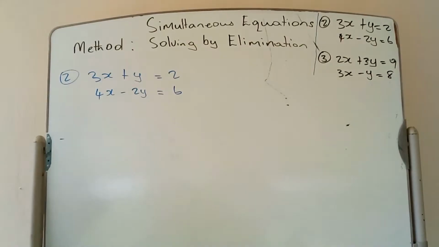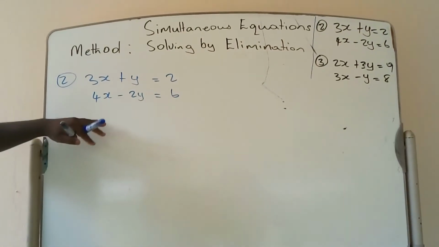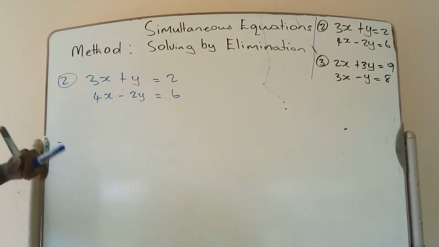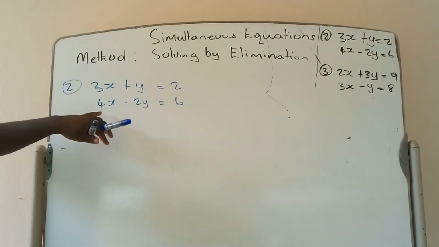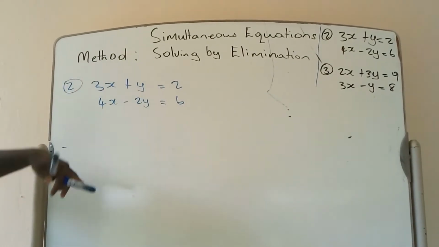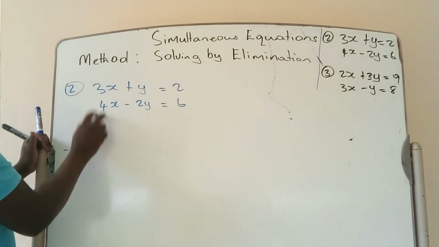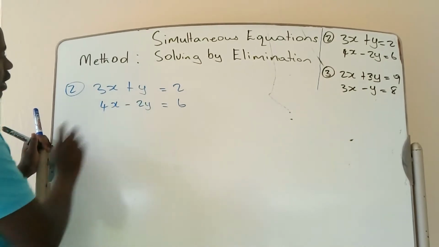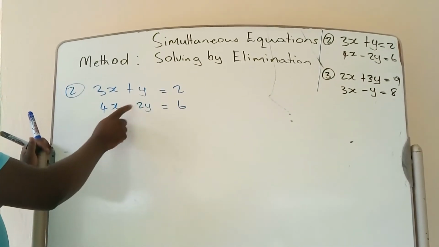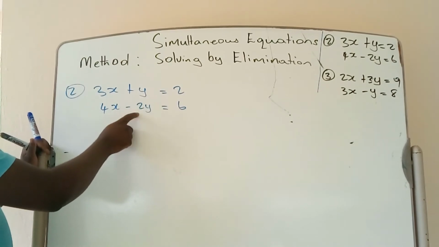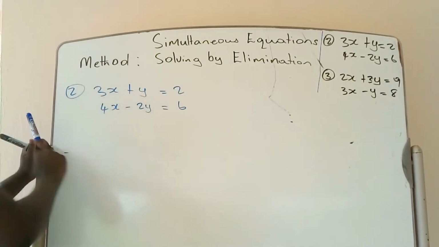Alright, so I'm going to change it up a little bit. I want to eliminate one of these terms, either x or y. It is much easier to eliminate y since this already has 2 and this has 1.